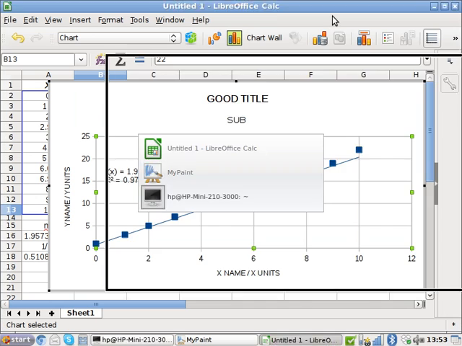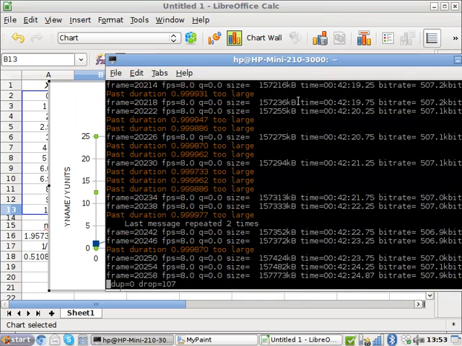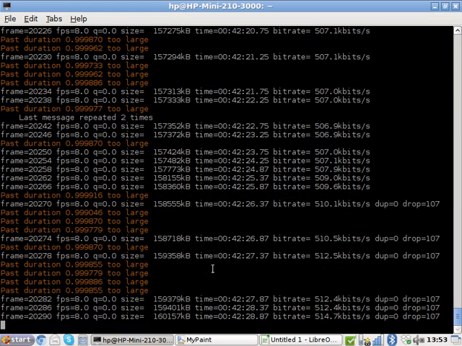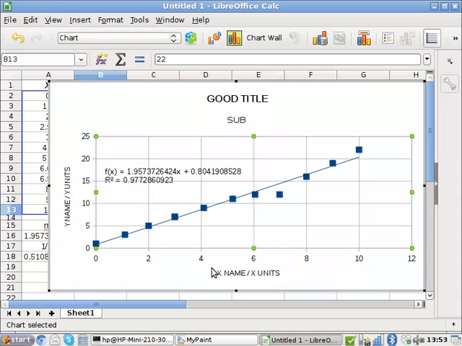Highlight your data. You don't need the table. Chart, this one, scatter. You need to highlight the numbers. Insert. Scatter.